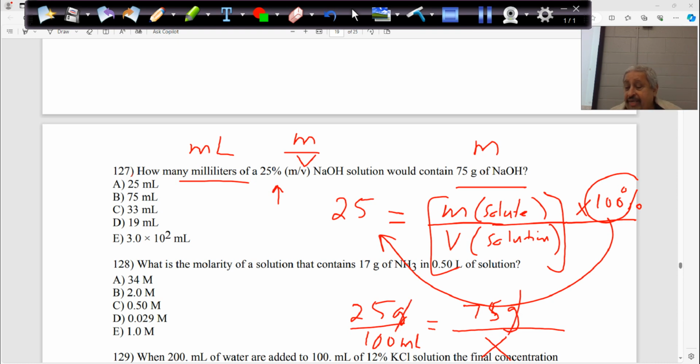Cross multiply, I have 25x equal to 75 multiplied by 100. Correct, guys? So x will be 75 multiplied by 100 over 25.